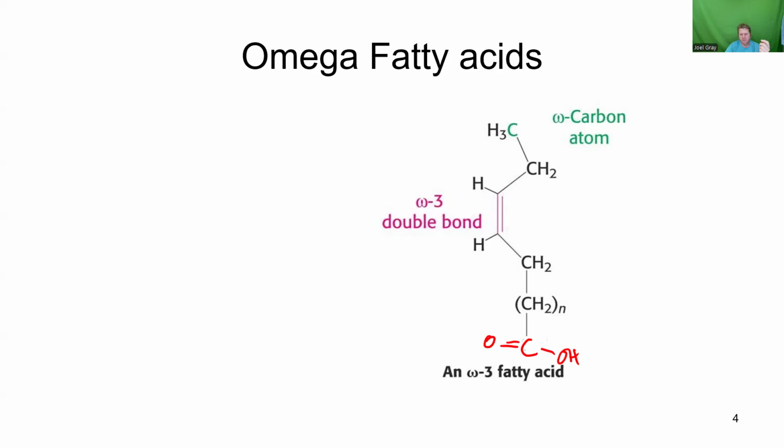Now, this is significant. The flipping itself is not significant, but whenever you hear terminology like an omega-3 fatty acid, omega fatty acids are also known as N fatty acids.